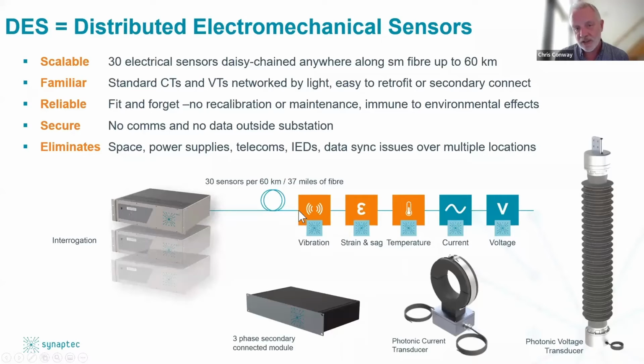Various architectures are available, but there's a limitation on the number of sensors that can be connected. Overall, there's a huge cost saving in terms of the amount of hardware deployed and the associated cost of maintaining that hardware as well.